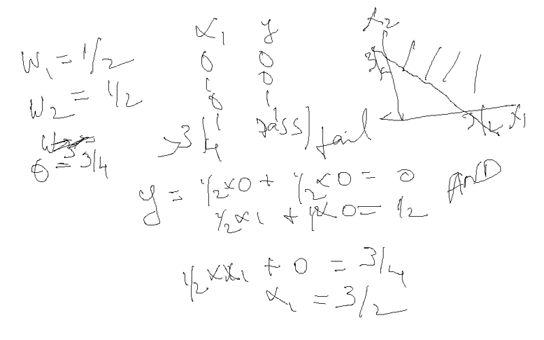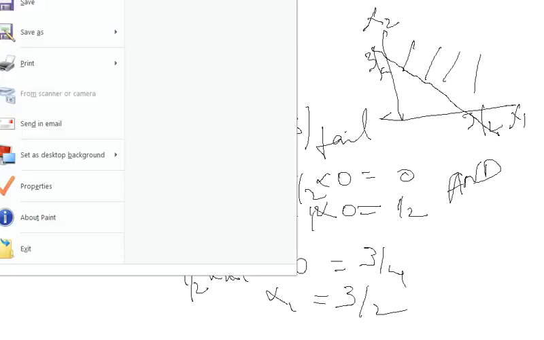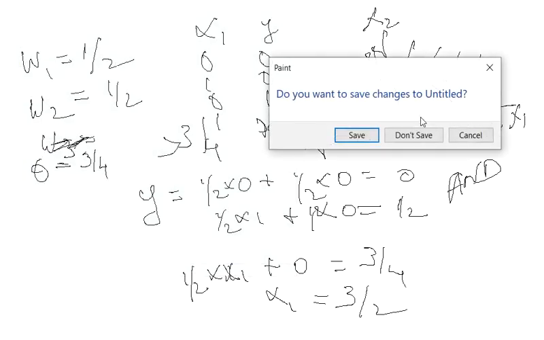Now let us try to do it for OR. What do you have to do for OR? If you want to make this OR, same example, we will take a truth table. Let us draw x and y: 0 0, 1 0, 0 1, and 1 1.